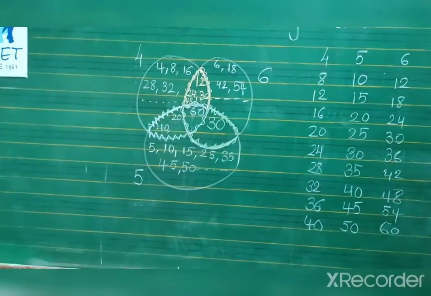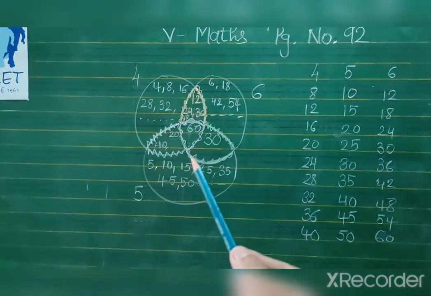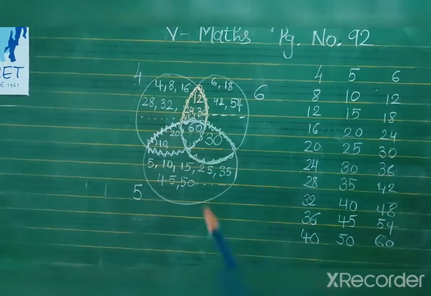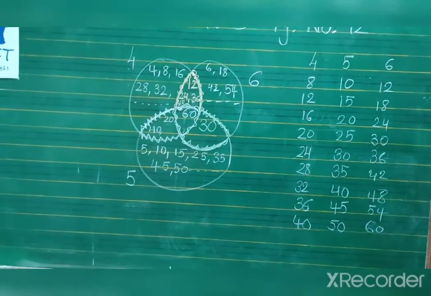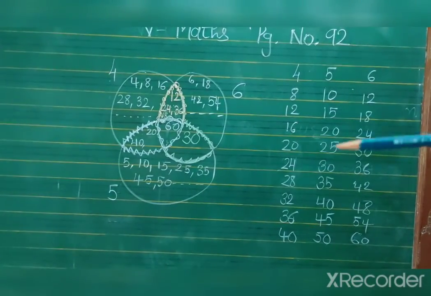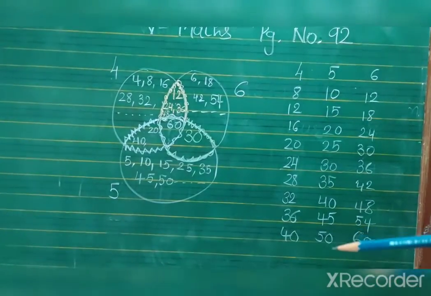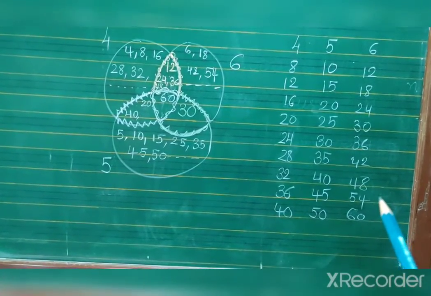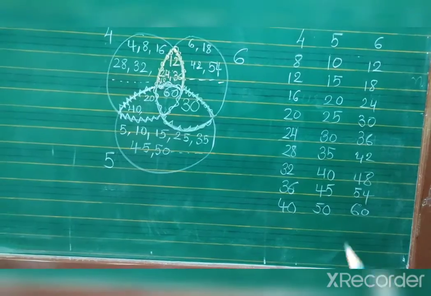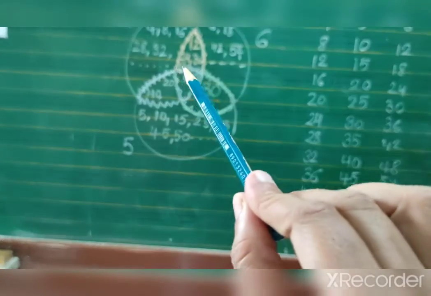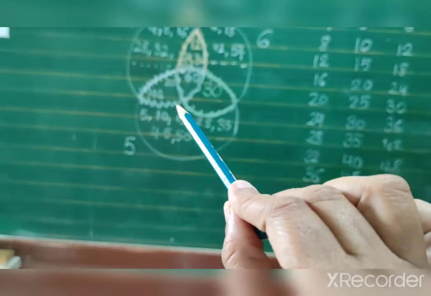In this small shape here we have to write the common multiples of 4, 5 and 6. When we extend the tables of 4 and 5, 60 is the smallest such number. 60 is divisible by 4 and 5 and 6, so 60 is a common multiple of all 3 numbers.